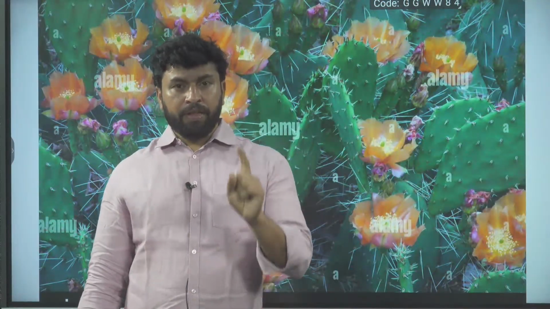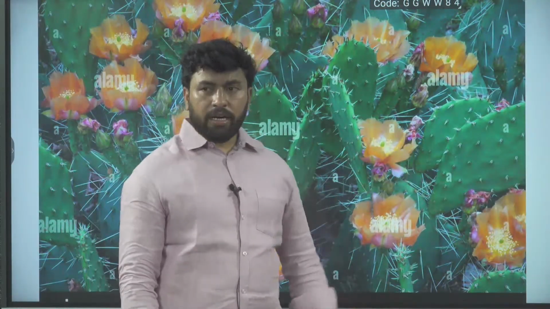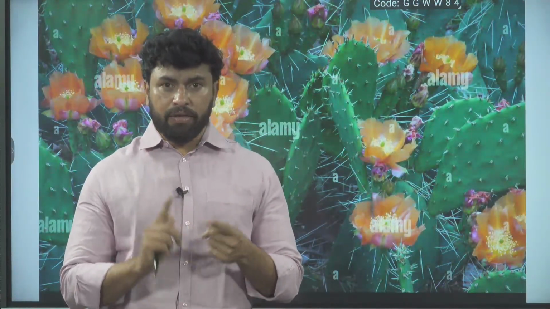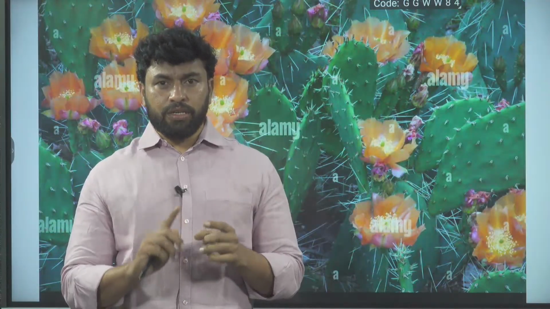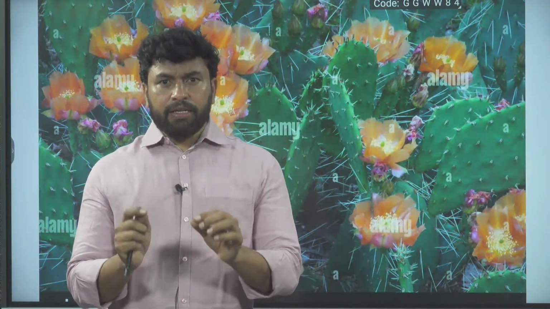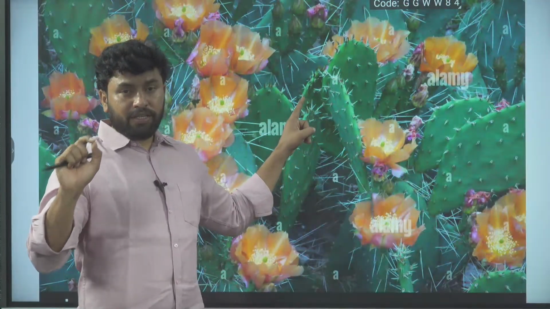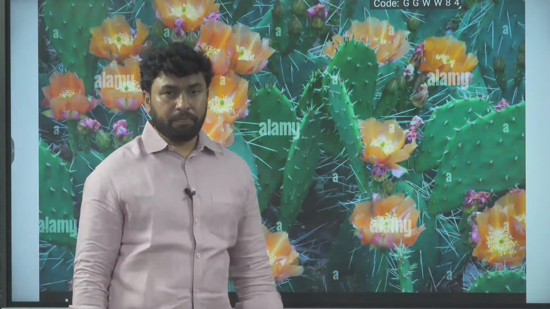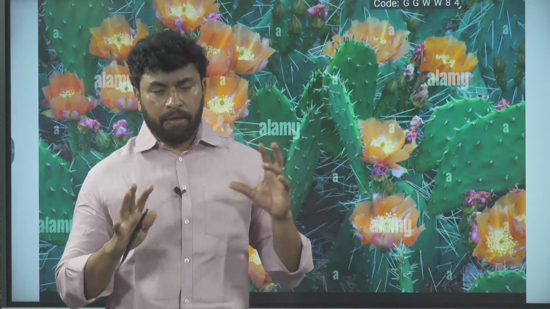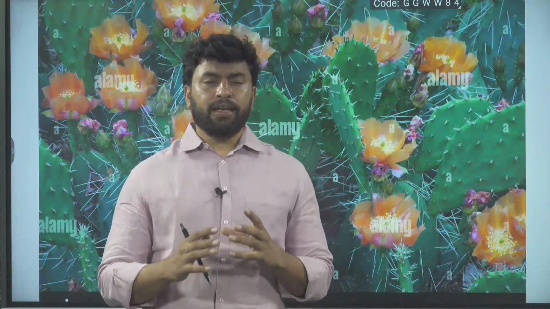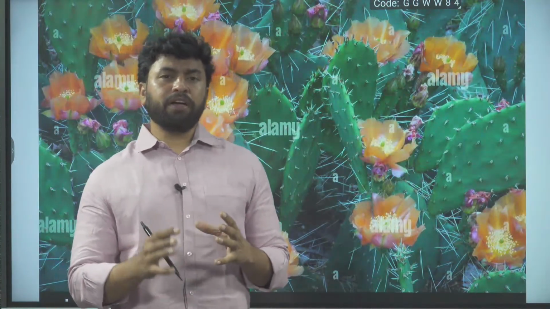That's why here the leaves started to disappear. While disappearing, just for the sake of avoiding water transpiration, they are modifying into fine pointed structures. They help the plant conserve water. Now be careful if any statement arises: why are cactus leaves modified into spines?